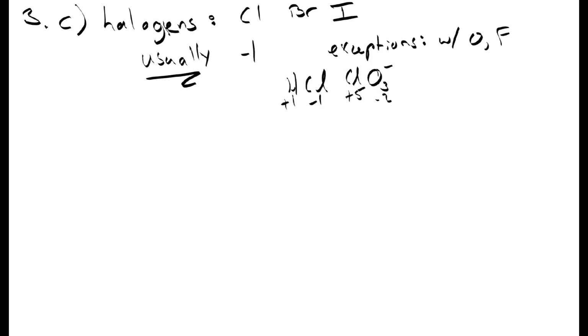Let's see. Sodium bromide, bromine is -1. But hypobromite, BrO 1-, it's +1. So maybe some of you are already spotting how we're going to figure this out, but don't worry. I will go into that in excruciating detail.